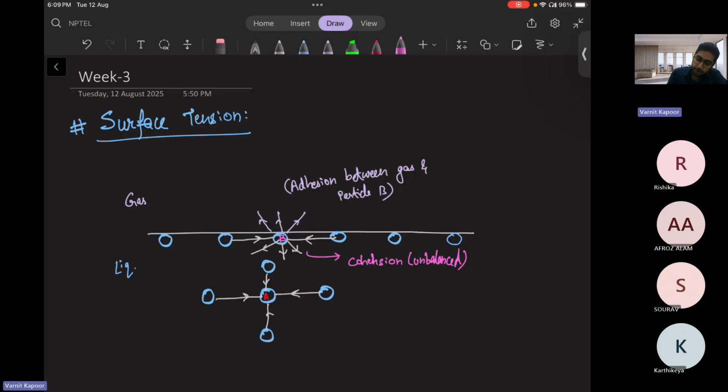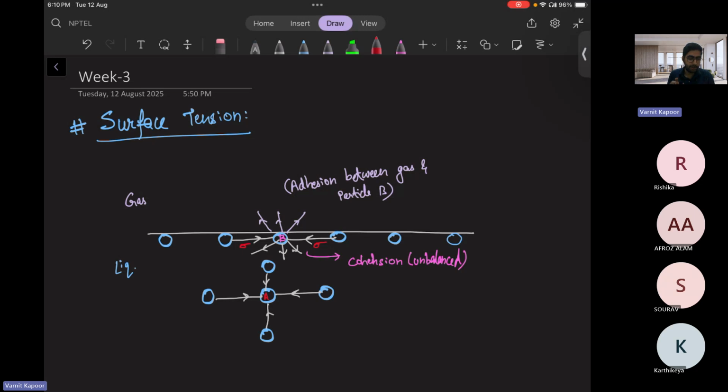So this kind of attraction at the interface, the unbalanced cohesion and the adhesion between gas and particle B, is nothing but a force which is acting, that is nothing but sigma, and we denote sigma as surface tension.